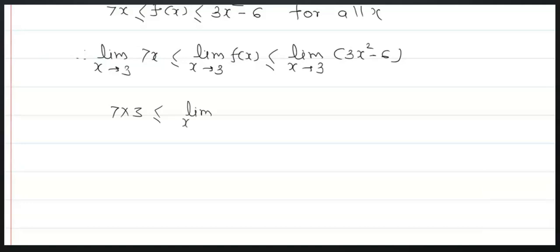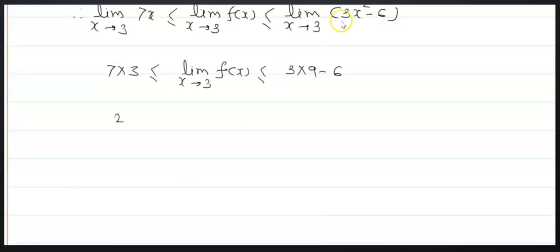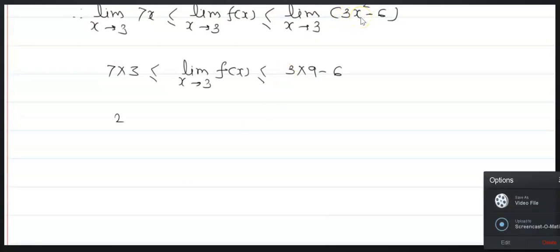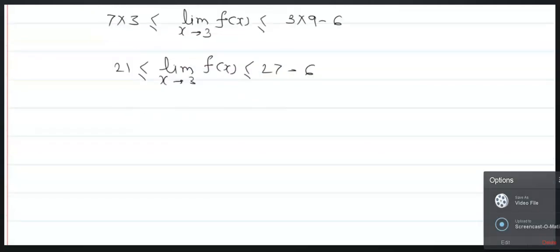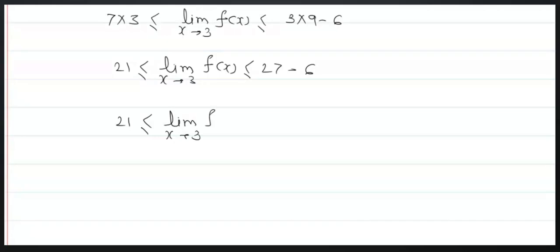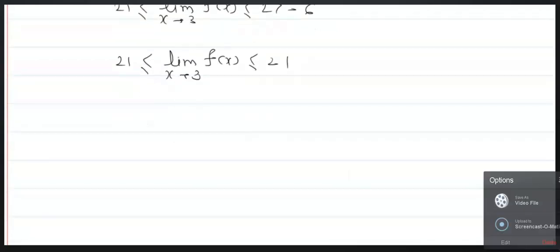That is 21 less than or equal to, x is replaced by 3, that is 9, 9 into 3, 27 minus 6. And you will get, therefore limit x tends to 3 of f of x is equal to 21.